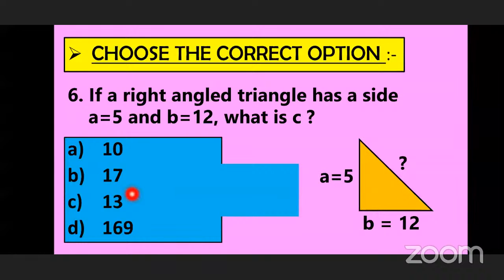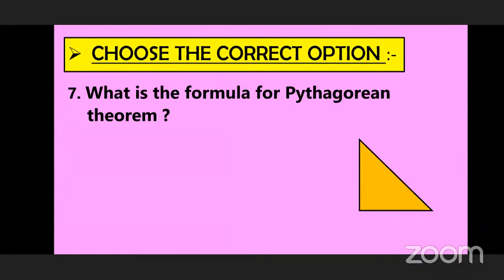Yes, option number 3, C, 13. Yes, the answer is correct. X square equals 144 plus 25. 144 is the square of 12 and the square of 5 is 25. When we add these two terms together, we get 169 and the root of 169 is 13.